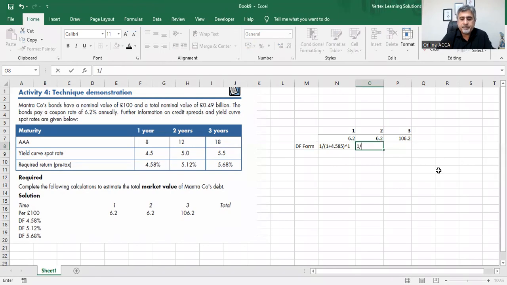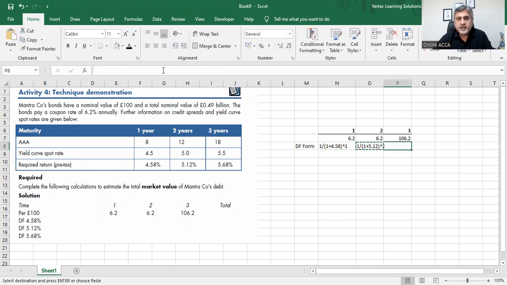1 divided by 1. Okay, I can just copy paste it here. And instead of 4.585, it was 4.58. Why did I write 585? I will write down here 5.12 and I'll call it power 2. Okay. Here I'll just remove 1.5. That 1.5 was extra. And then I will put it here.